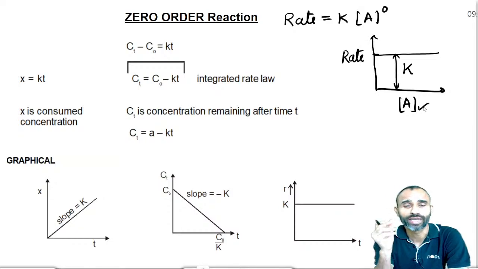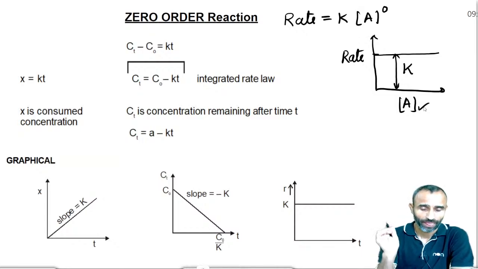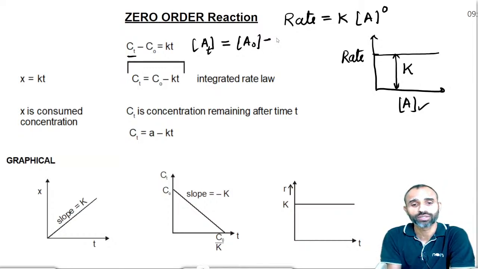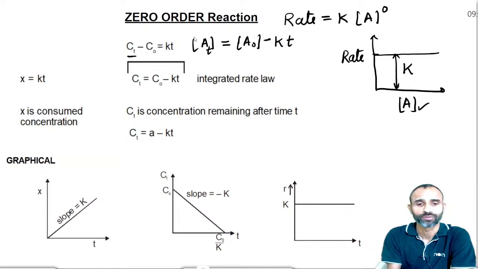It is independent of the concentration of reactant, and the expression is concentration at time t equal to initial concentration minus Kt.